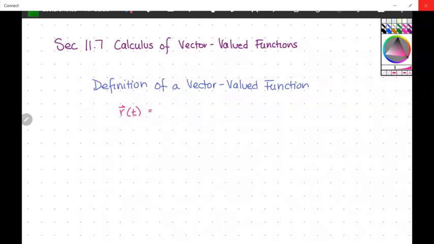There are two ways to write a vector valued function. One looks like this. It's a linear combination of our standard vectors i and j, except the coefficients are functions of t. Another common notation, following exactly what we did last class with the different kinds of notation, is where we just put the horizontal component and the vertical component like this. Again, the horizontal and vertical components are just functions of time.